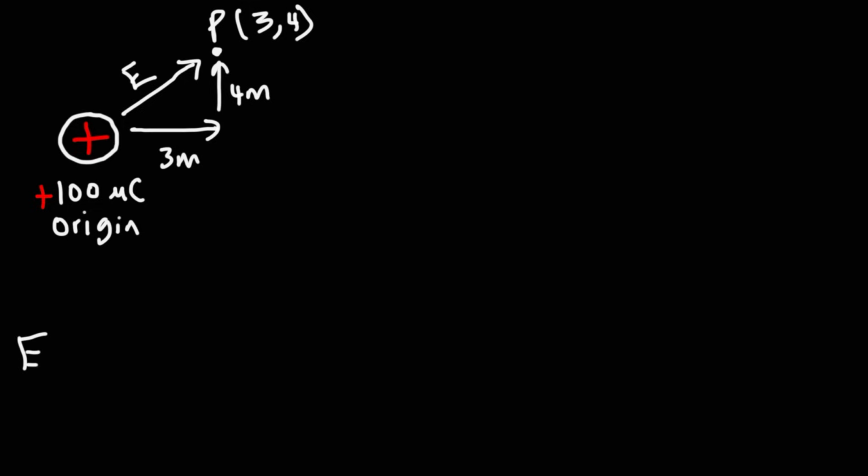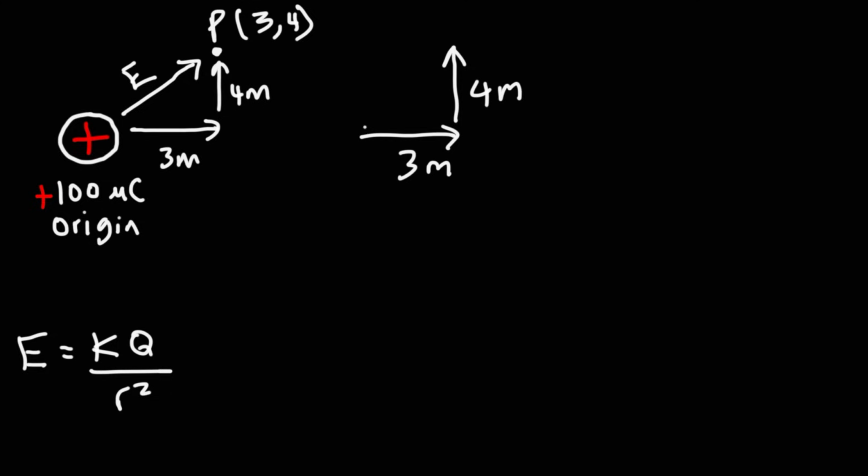Now, this formula gives us the magnitude of the electric field at some distance r. Using the Pythagorean theorem, we can find out what the distance r is. r is the distance from the charge to point P. So this is r, and we can see that this is a 3, 4, 5 triangle.